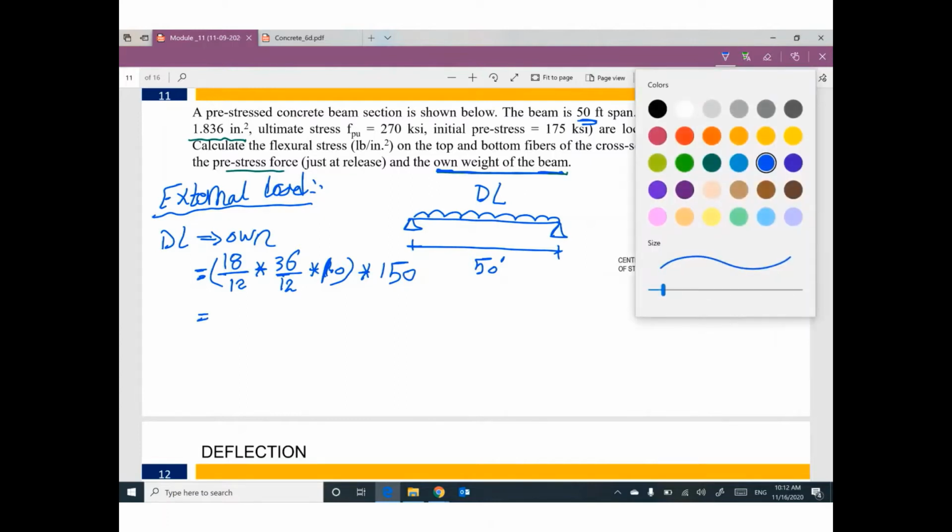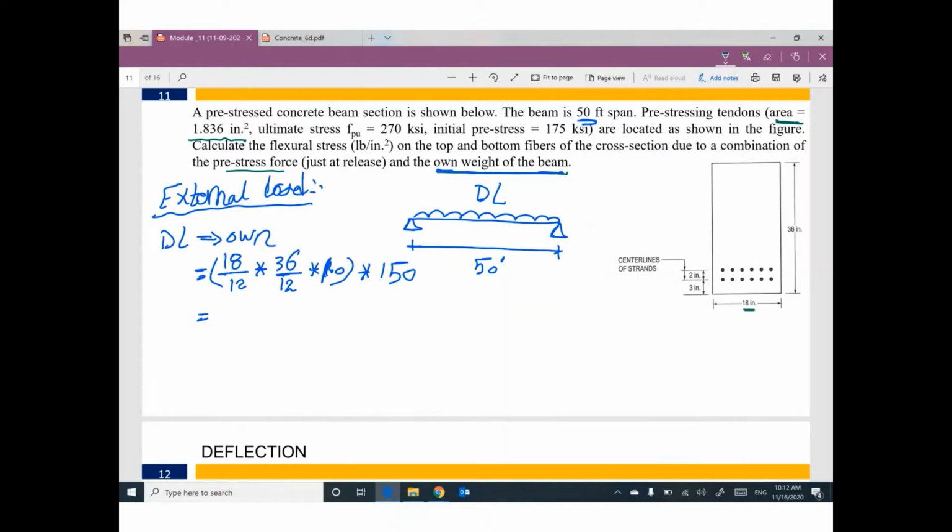Guys, I divided this B by 12 to be in feet. 36 divided by 12 to be in feet. 1 foot is a unit length of this beam. And gamma concrete is 150 pounds per cubic foot. So 18 divided by 12 times 36 divided by 12 times 150 equals 675 pounds per foot.